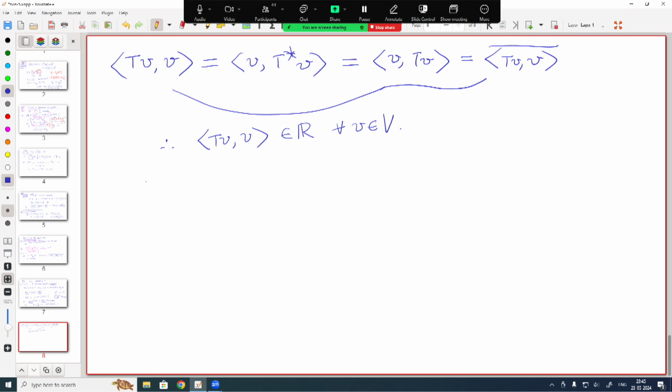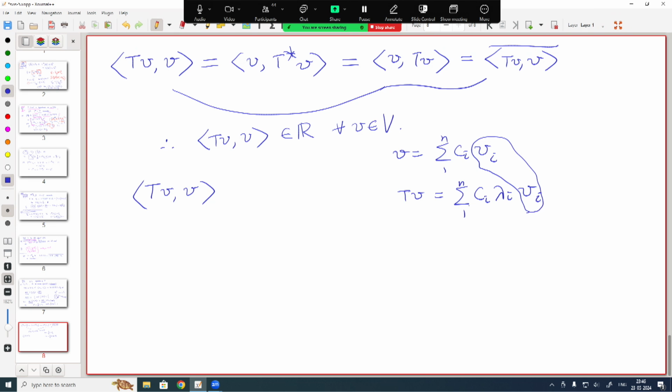Now, let us actually compute ⟨Tv, v⟩ for this particular vector that we wrote out. So, the vector v was summation c_i v_i. When I apply T, it will just give me summation c_i lambda_i v_i, and when I take the inner product of the two, ⟨Tv, v⟩, the v_i's are an orthonormal basis.